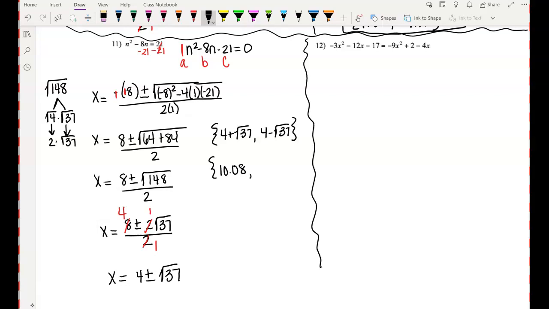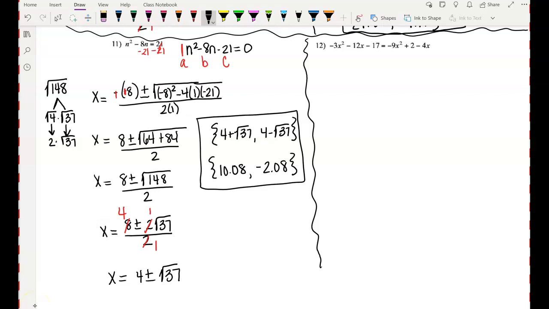And 4 minus radical 37, negative 2.08. So again, simplified radical form and decimal form rounded to the nearest hundredth.